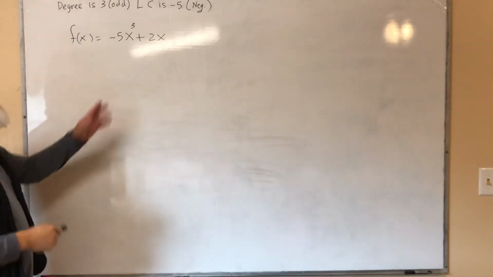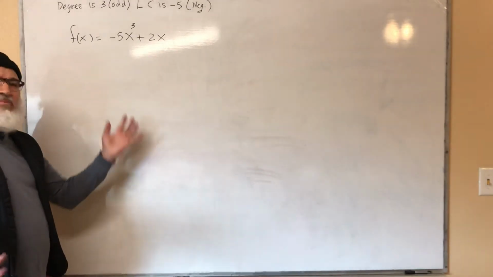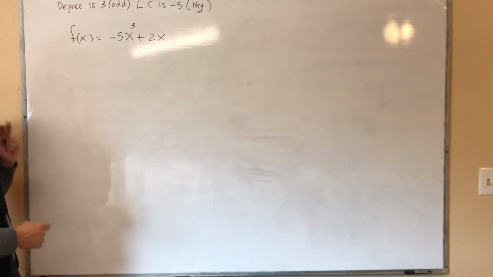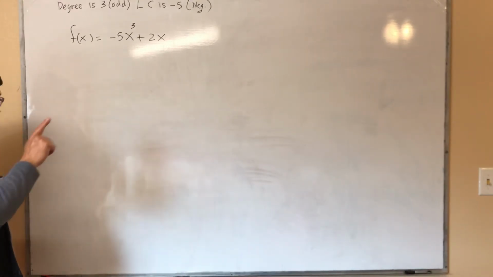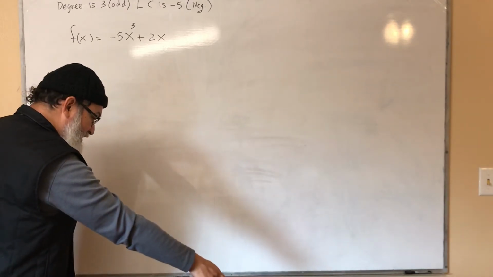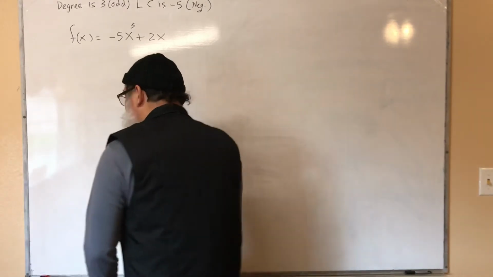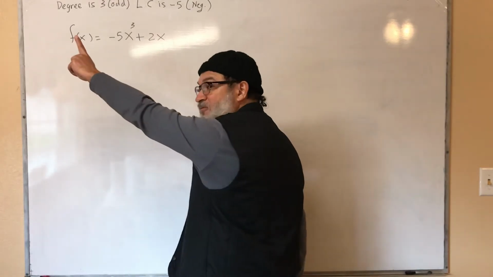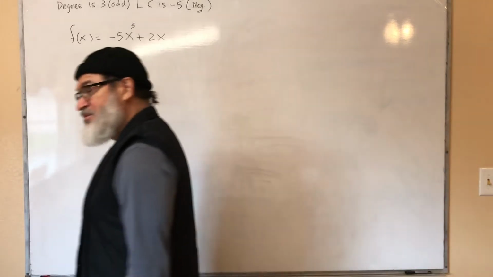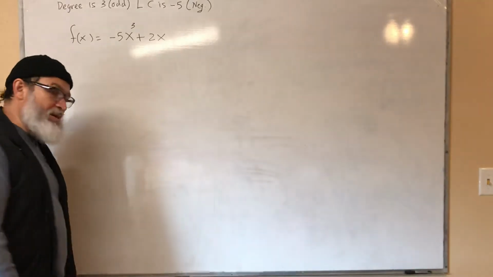So what's the behavior of this function? The end behavior? Well, let me see. This function is going to fall to the right and it's going to rise to the left. That's a good thing. Okay, it's a good thing.